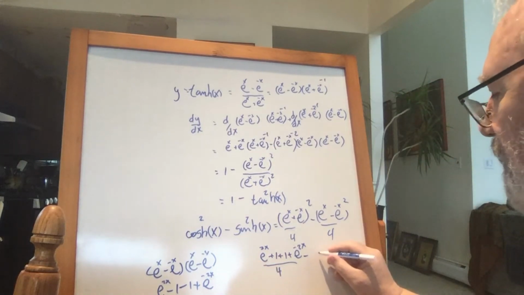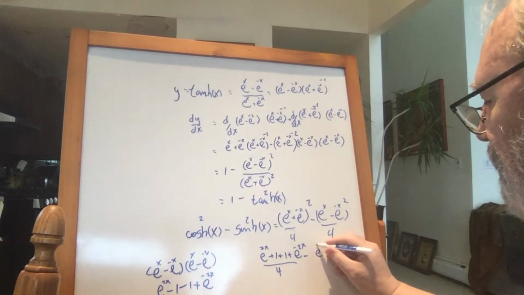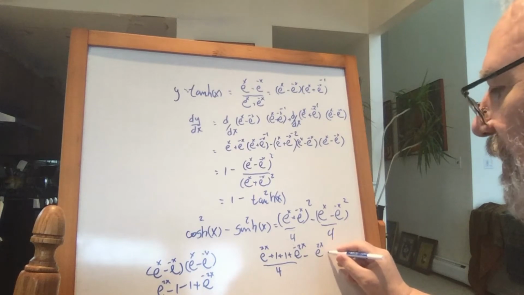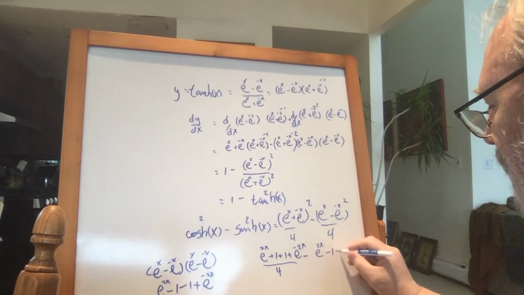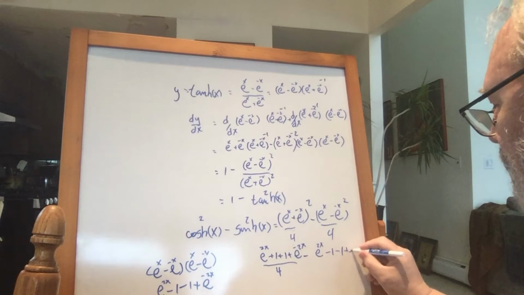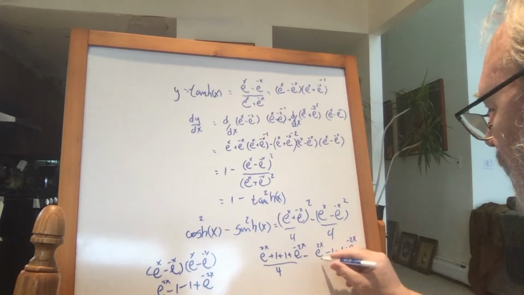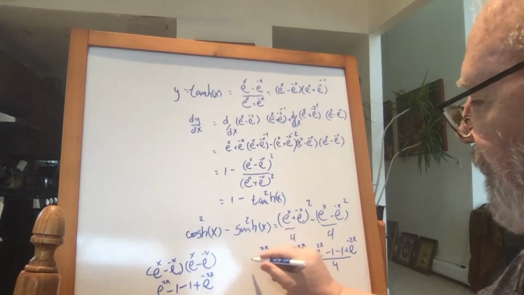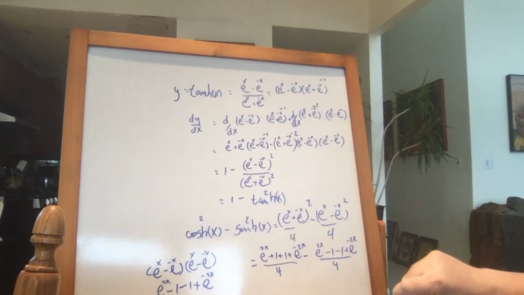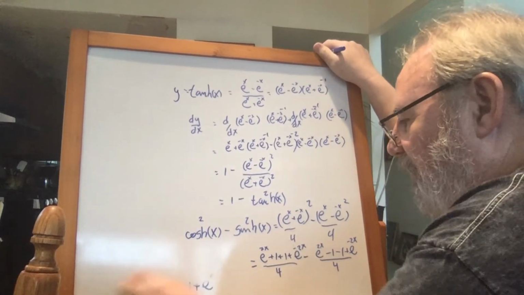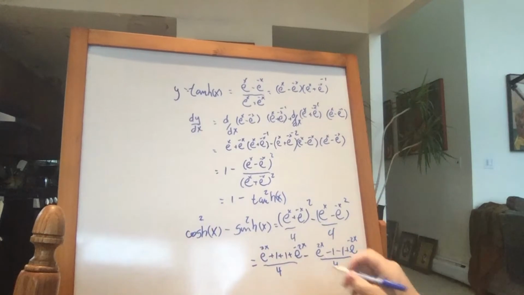So that's minus e to the 2x plus 1 minus e to the minus 2x on 4. That's what that is. And now we can start canceling out.